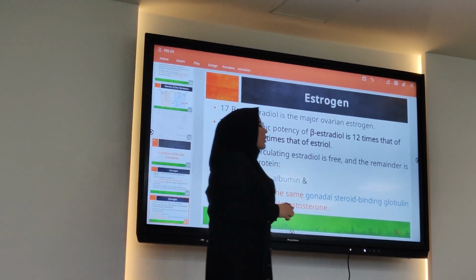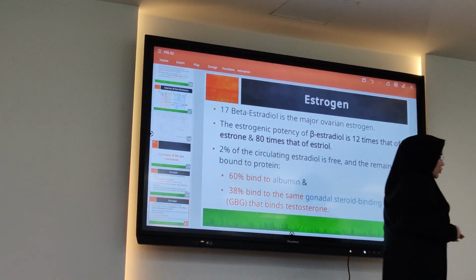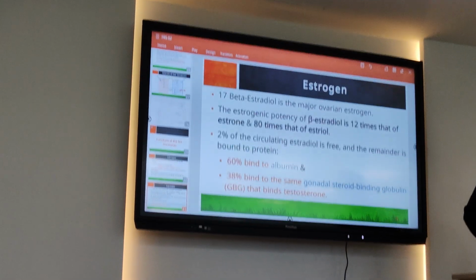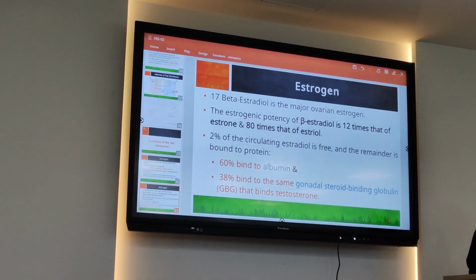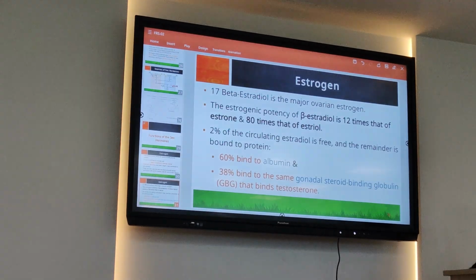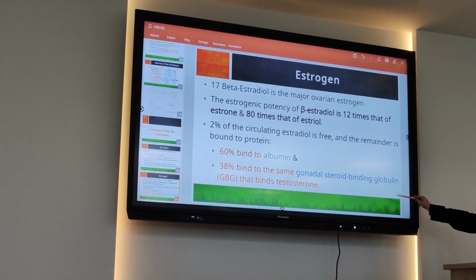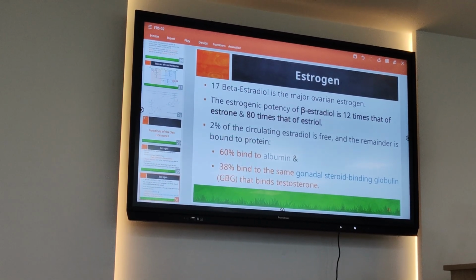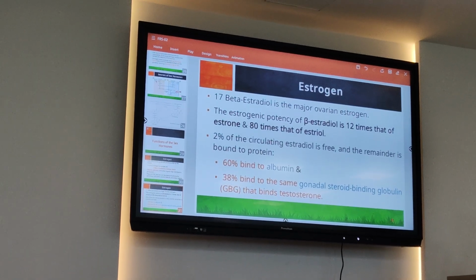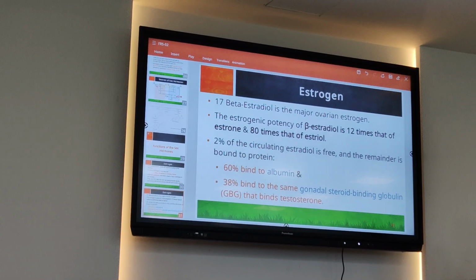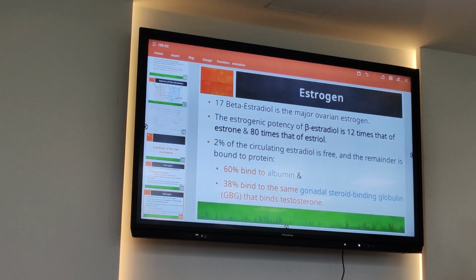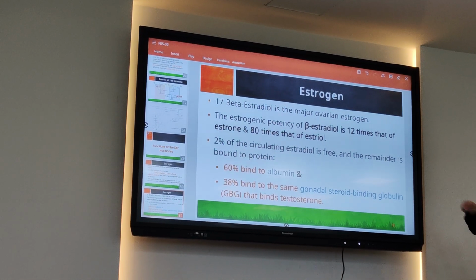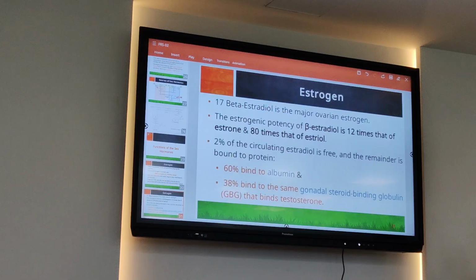Albumin is the most abundant protein in the blood. If you remember, albumin is responsible for osmotic pressure of the blood, and it's abundant, so estradiol easily binds to albumin and circulates in the blood.